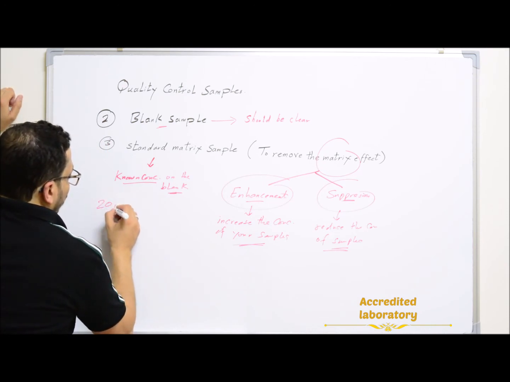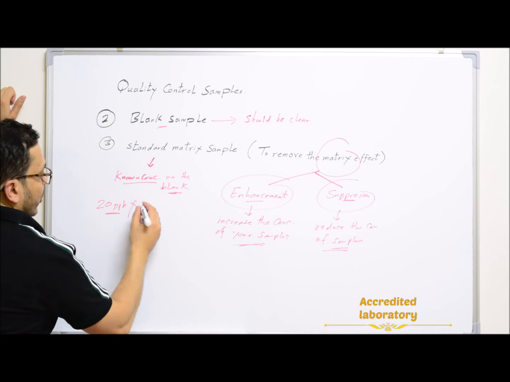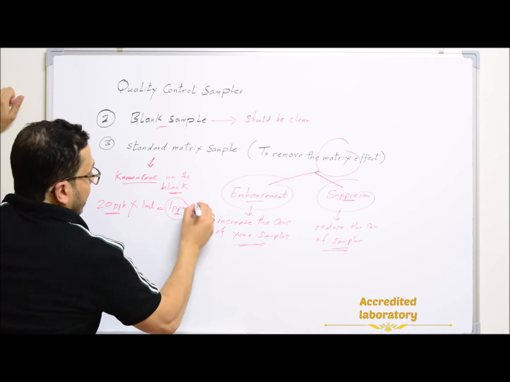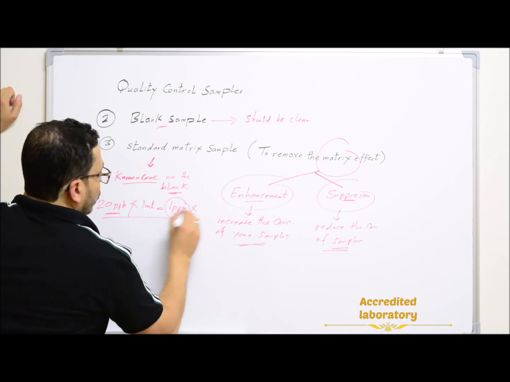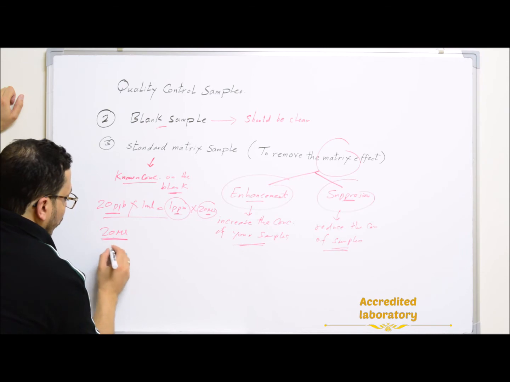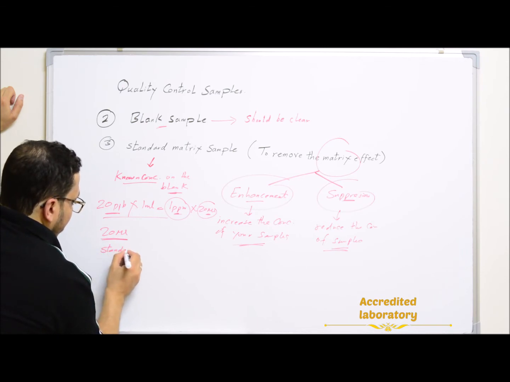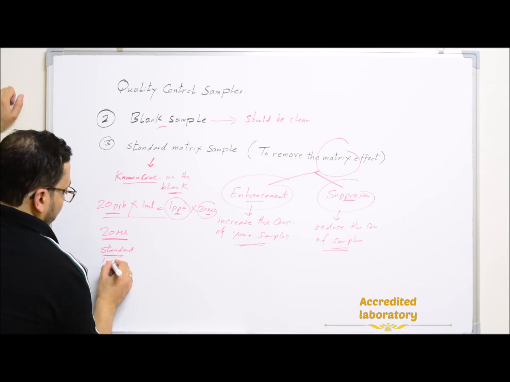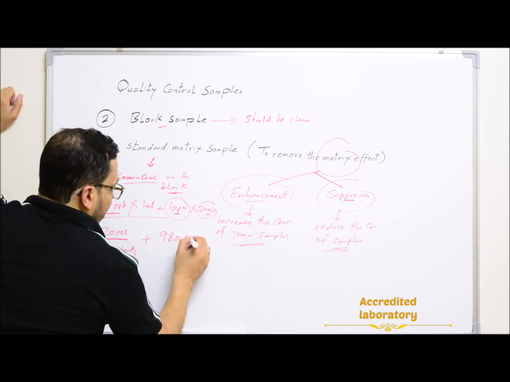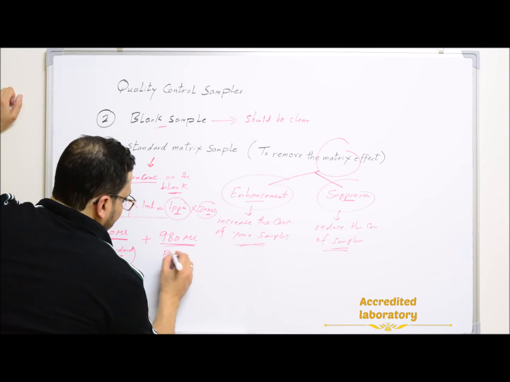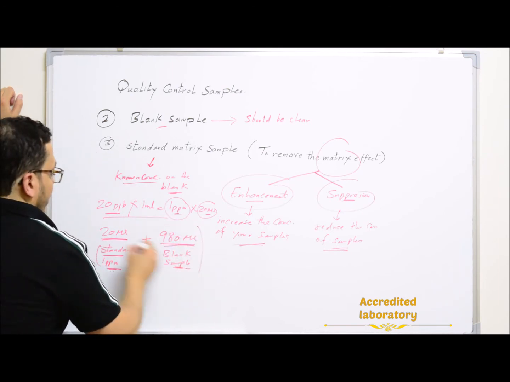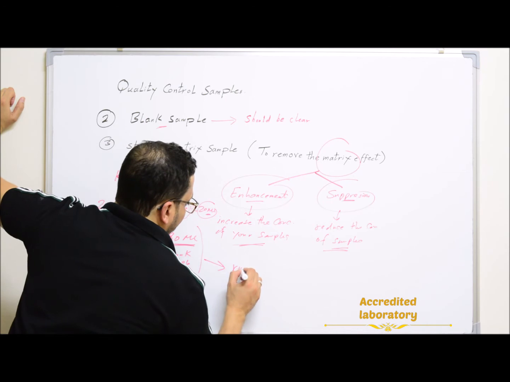As an example, if you want to add 20 ppb in a 1 ml HPLC vial, from a 1 ppm standard you will add 20 microliter, plus 980 microliter from the blank sample after extraction in the HPLC vial, and then you will run.